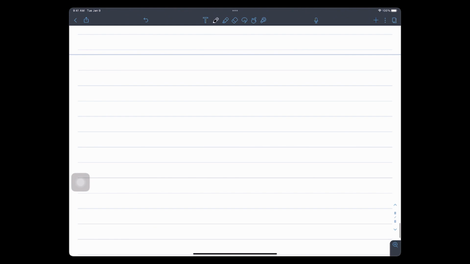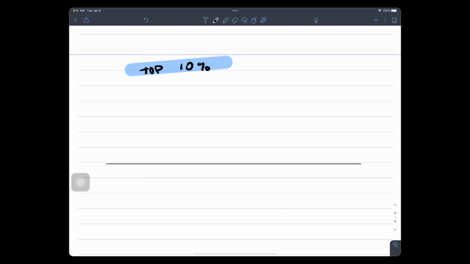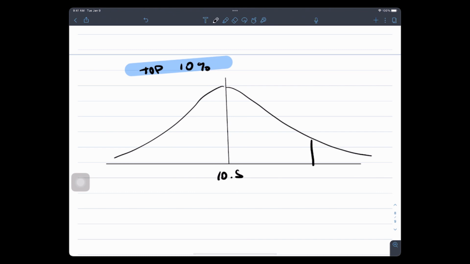Okay. Now, how about this? This is something else you see. Top 10%. Top 10%. That means 10% is over here.